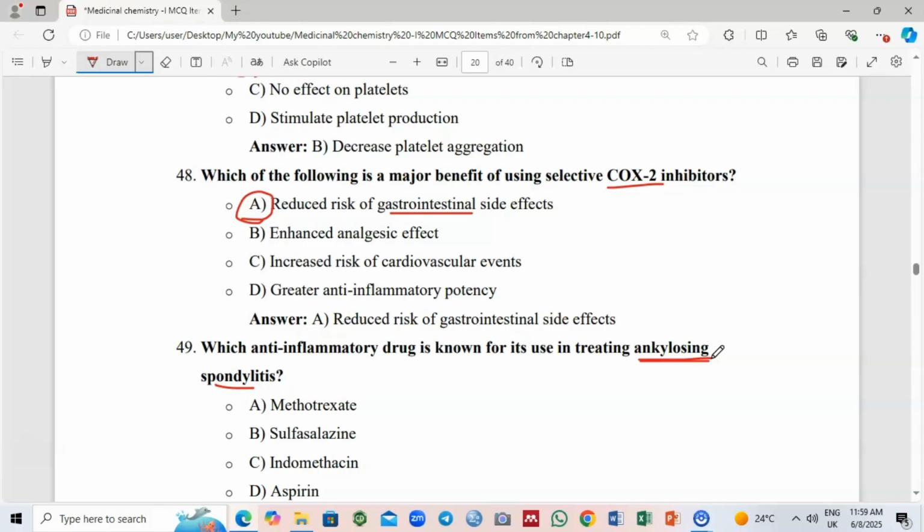Sometimes we can use regular exercise to manage the symptoms, and lifestyle itself is also a way of treating this disease. But among the given alternatives of drugs, the one which is very important in the treatment of ankylosing spondylitis is indomethacin.